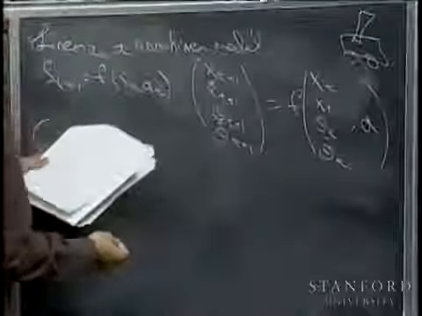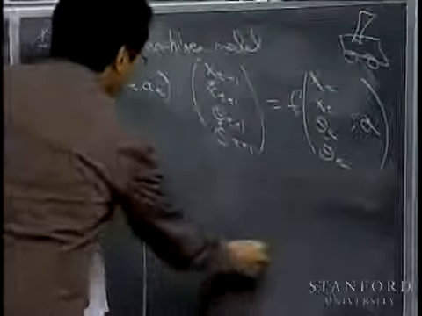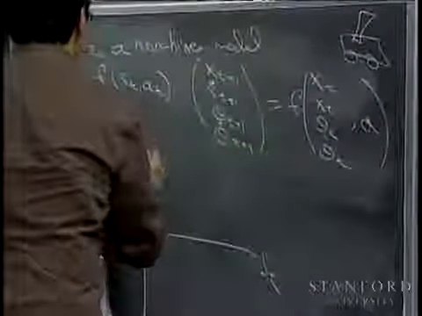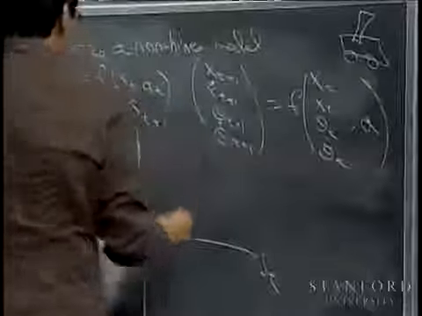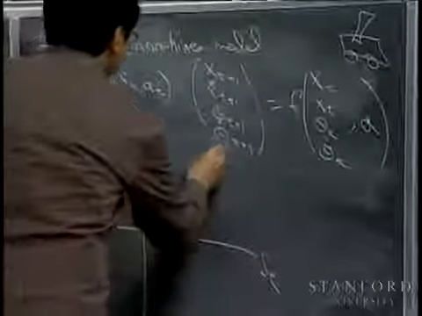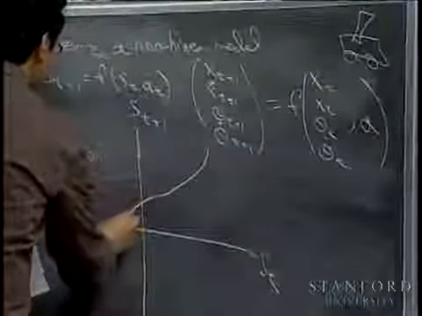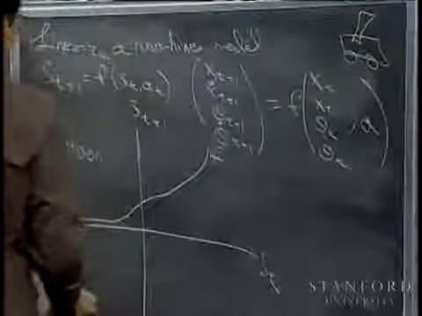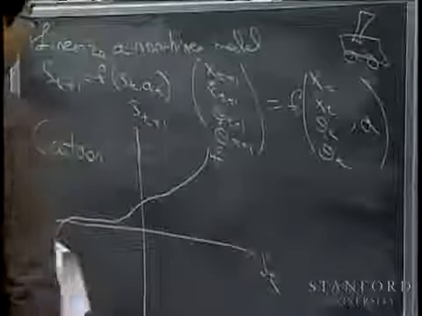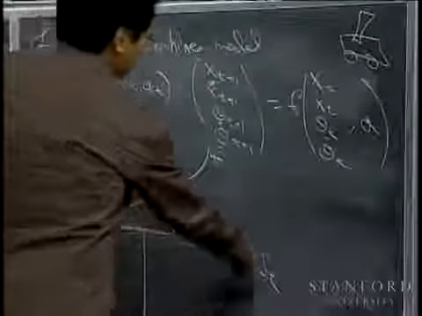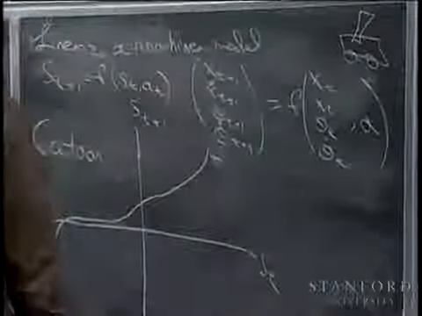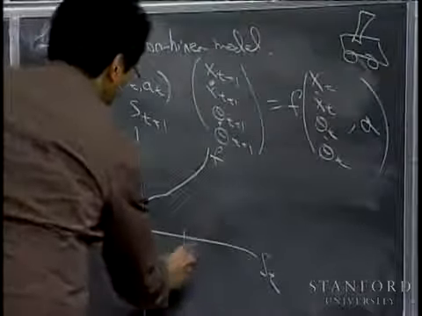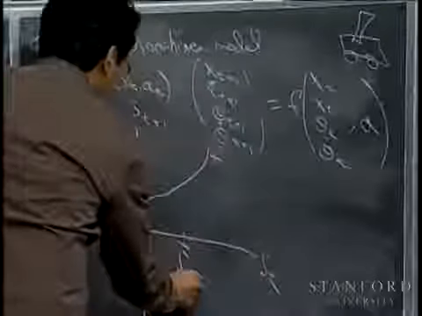So here's just a cartoon. I'll write down the math in a second. Let's say the horizontal axis is the input state s_t, and the output state s_{t+1} is like so. So here's the function f. The next state s_{t+1} will be some function of the previous state s_t and the action a_t. To linearize this model, you choose a point. Let me call this s bar t.